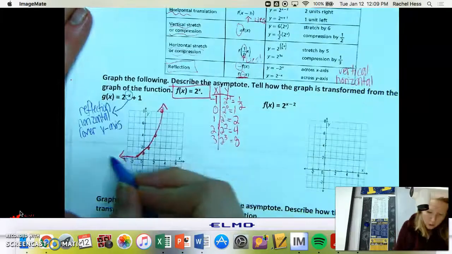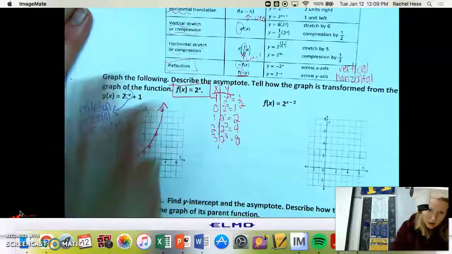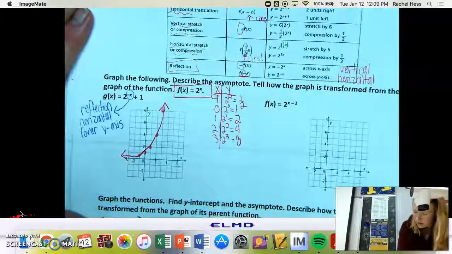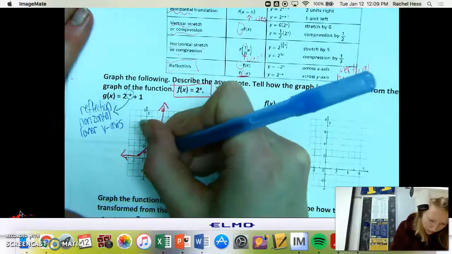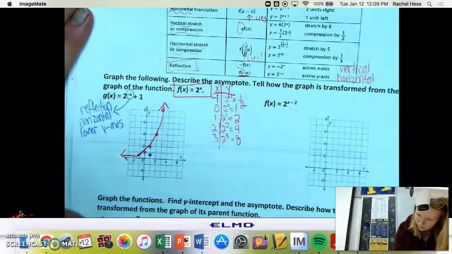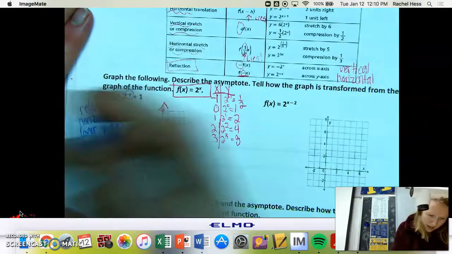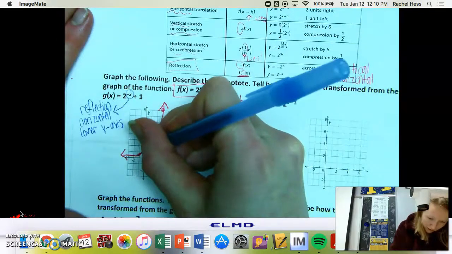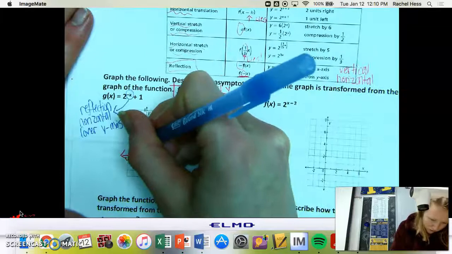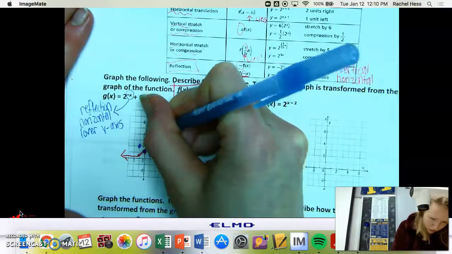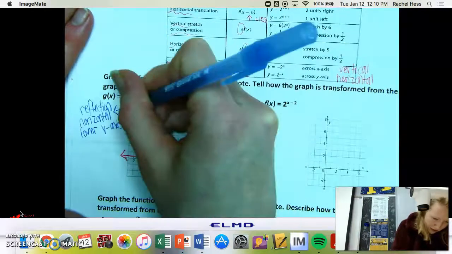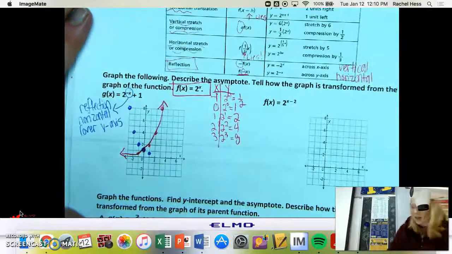So instead of opening up as we go to the right, it's going to have to all turn around and go over the y-axis. So this point is now going to move over here, right? And then we have this point, which is right on that y-axis, and it isn't going to move, but we're going to reflect each point to the other side. That's our first step.